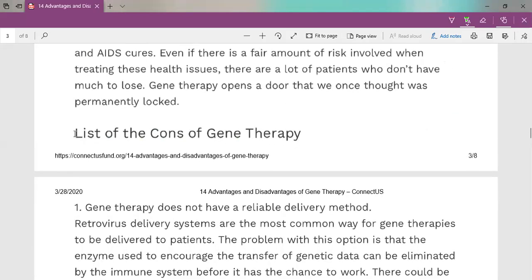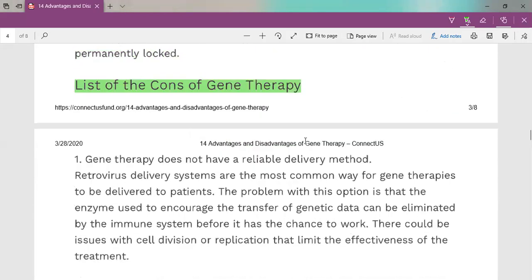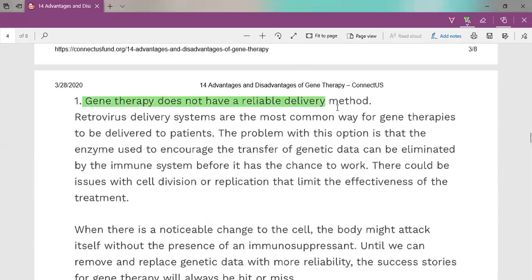But now let's look at the cons of it now. So gene therapy does not have a reliable delivery method. We have to depend on retroviruses as our delivery systems as the most common way for gene therapies to be delivered to patients. And the problem with this option is that the enzyme used to encourage the transfer of genetic data can be eliminated by the immune system before it has a chance to work.